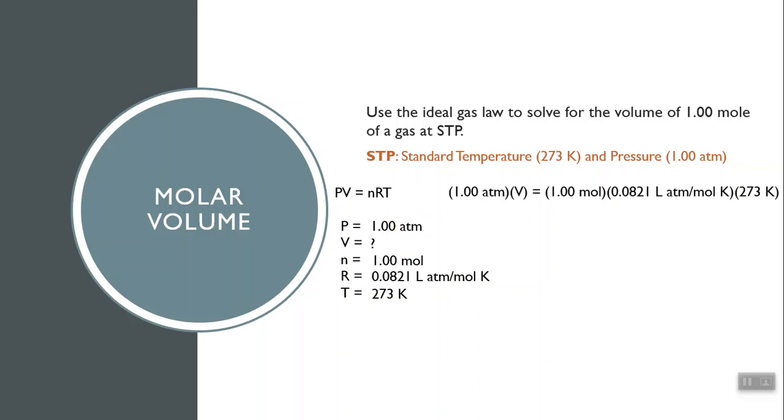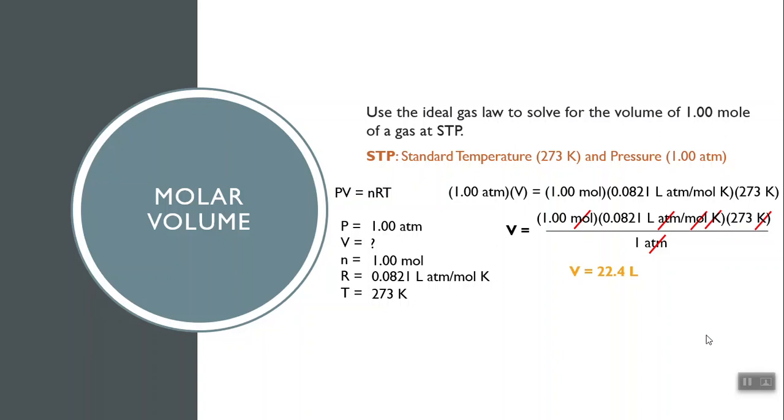Let's plug it in and solve, and you will get a volume of 22.4 liters. So this is telling us that the volume of any gas at standard temperature and standard pressure is 22.4 liters in 1 mole of that gas substance.